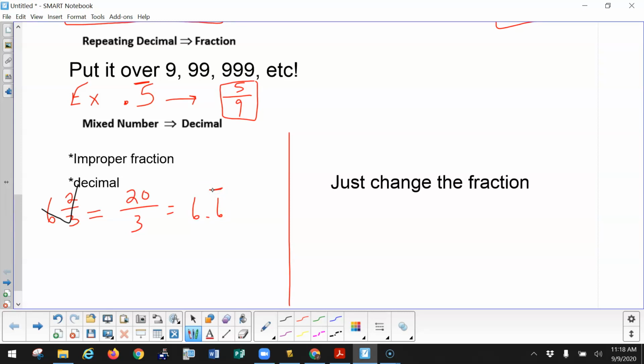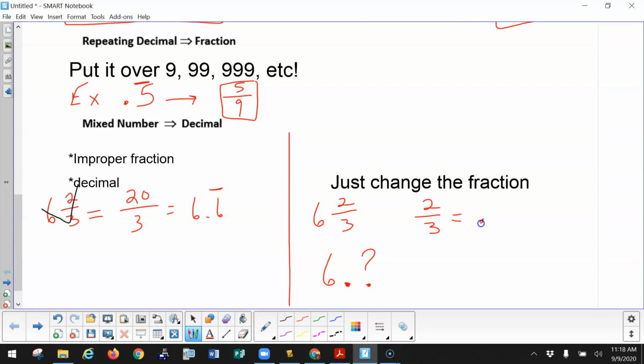The second way I can think about it, if I have 6 2/3, well, I know since I have the 6 out front as the whole part, it's going to be 6 point something. And in order to find out what it is, all you do is you take your fraction part of it, your 2/3, figure out what decimal value this is.